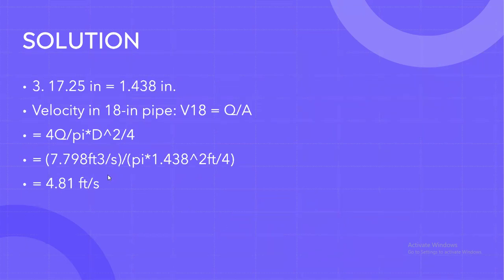For the 16-inch pipe, we do the same thing. D is 1.22, we converted that 15.25 inside diameter to feet. We get 6.15 feet per second. Same applies for the 18-inch, converted to inside diameter in feet. Sorry, I kept saying inch, but it's in feet actually. You get 4.81 feet per second.